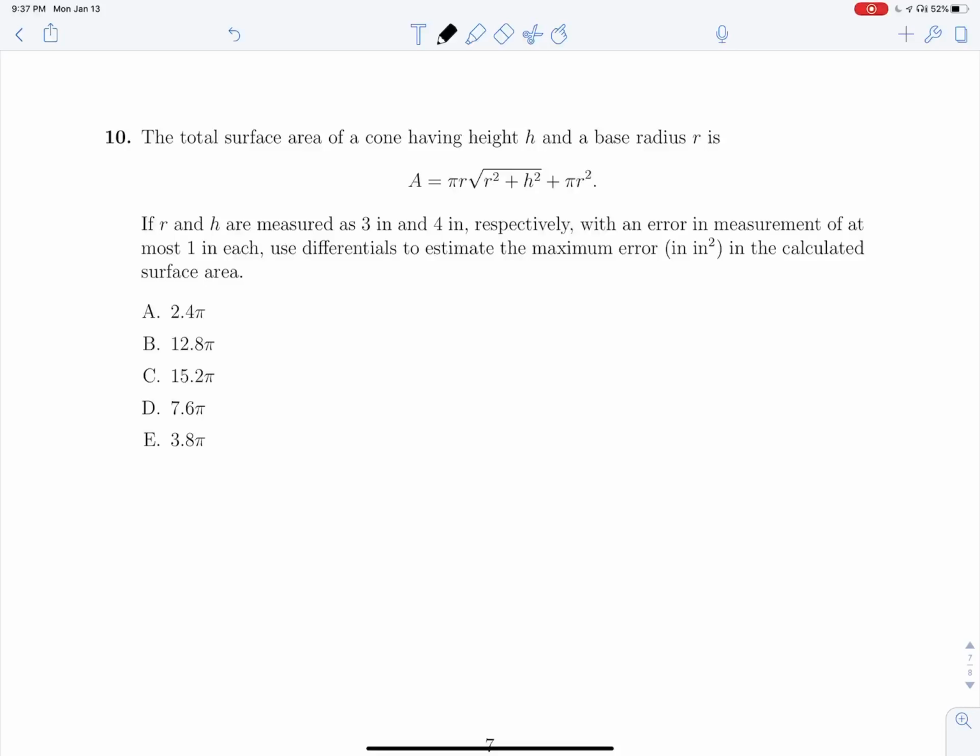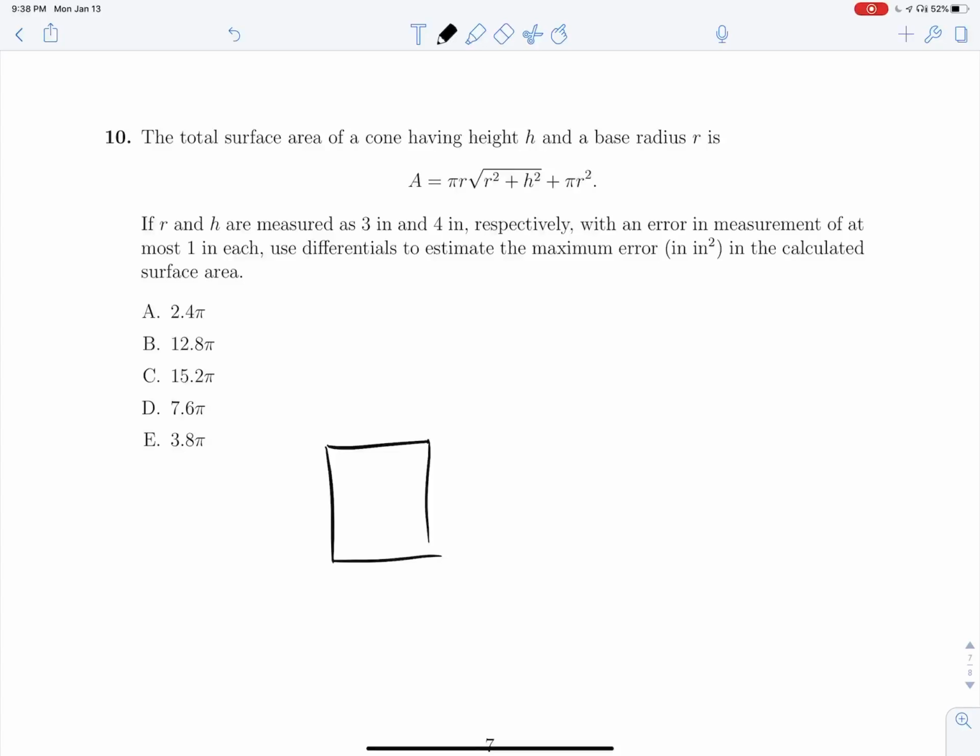arithmetic and actually get the right answer, as long as you have the intuition to realize that, let's give a little visual.